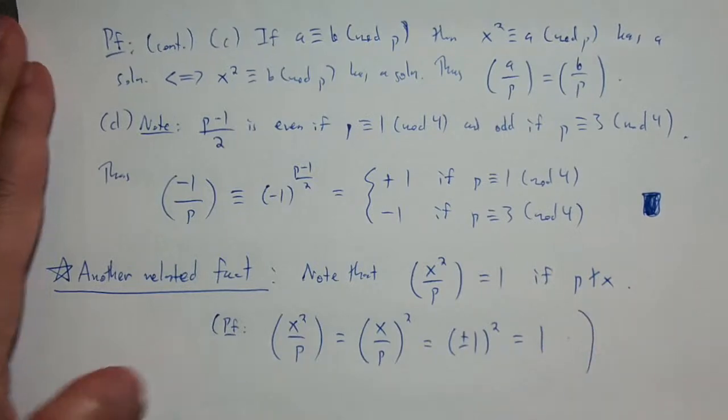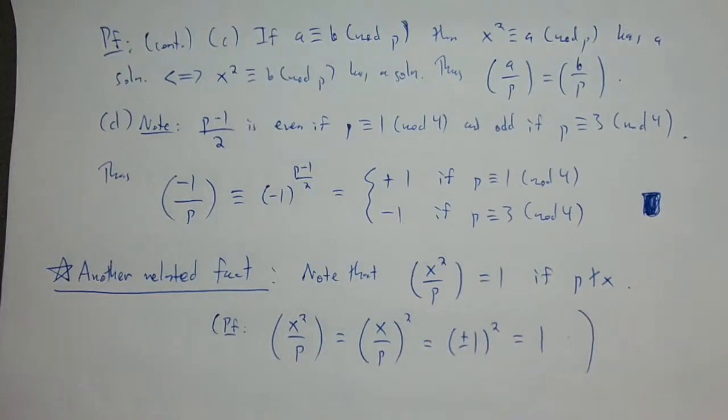So if P doesn't divide x, then x squared is always a square mod P. It might seem fairly obvious, but this can still be very useful.